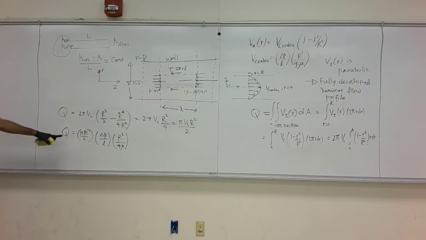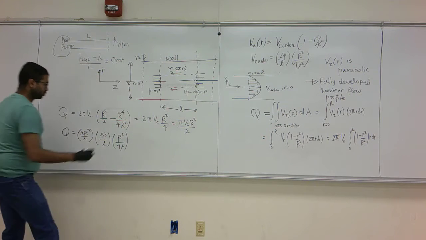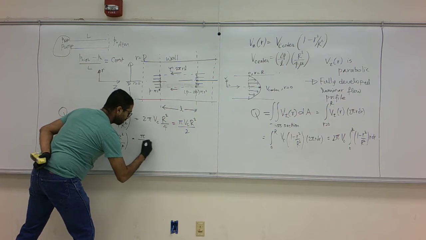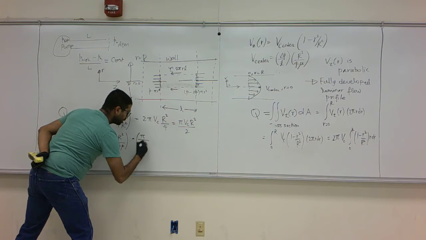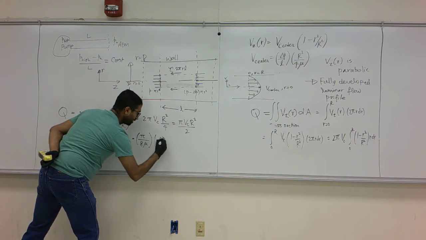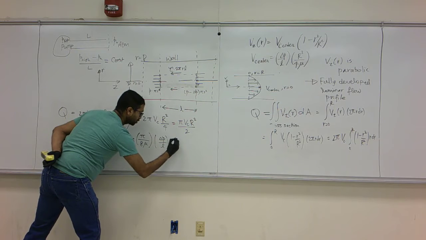So what do I have here? I have r to the 4 and I have pi by 8 mu. Pi by 8 mu times delta P over L times r to the 4.